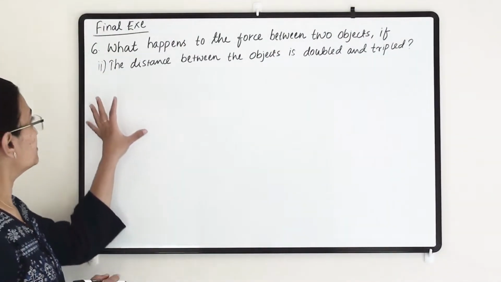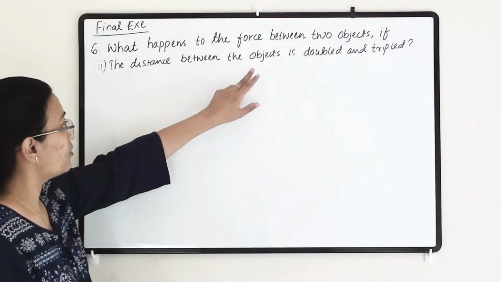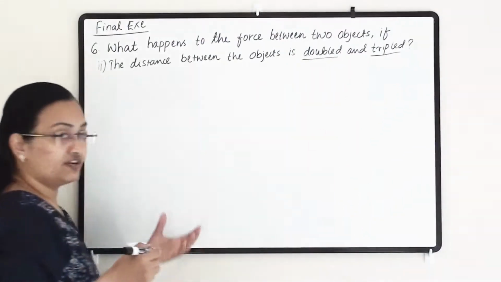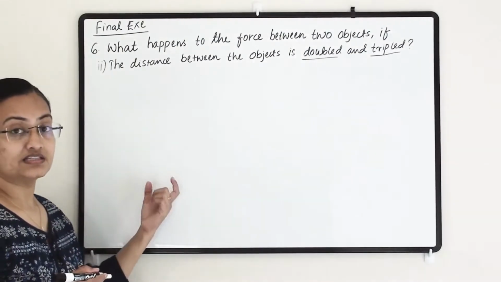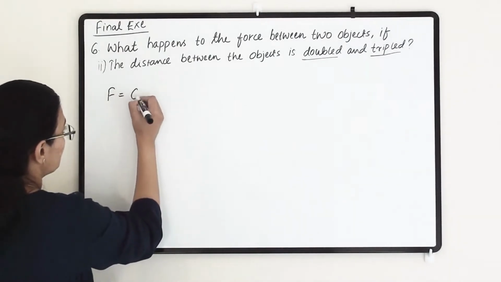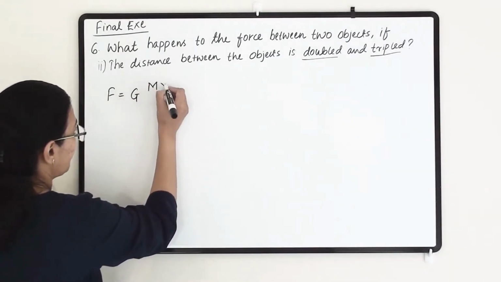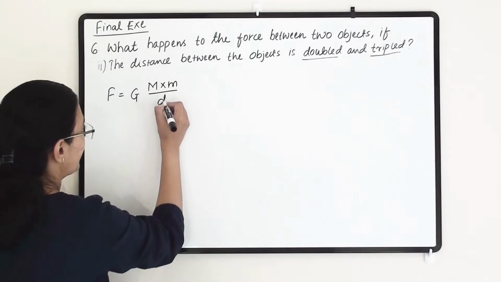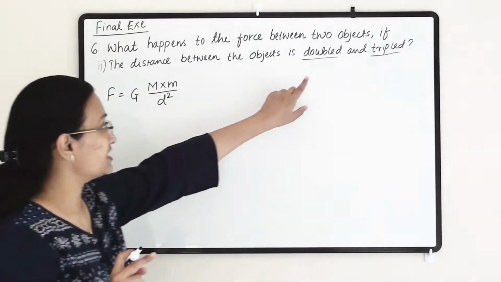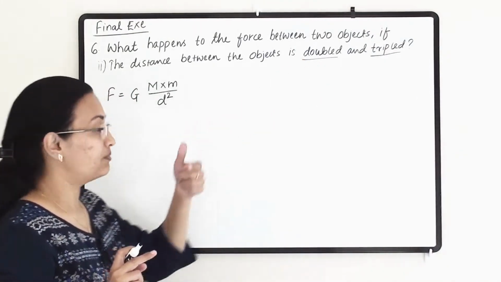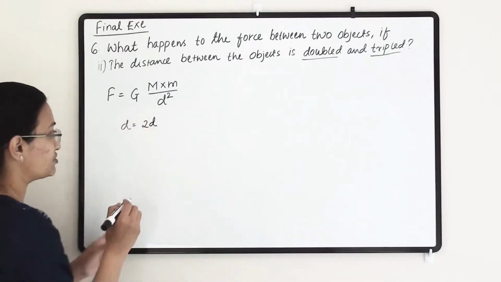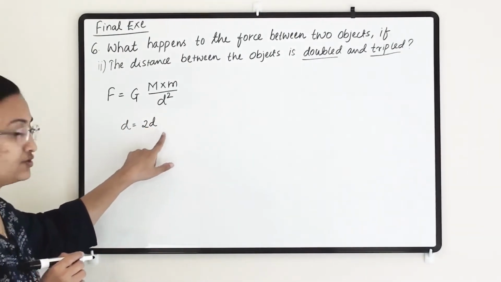The second question is, the distance between the objects is doubled and tripled. In the first case we are making the distance double. So our force is F equals to G into capital M into small m divided by D square, where D is the distance between two objects. In the first case we are making this distance double. So here we are taking D equals to 2D. Why? Because we are making the distance double, so 2 into distance.